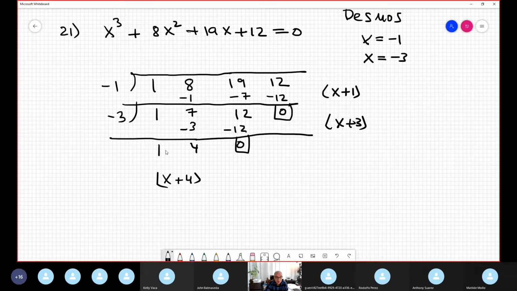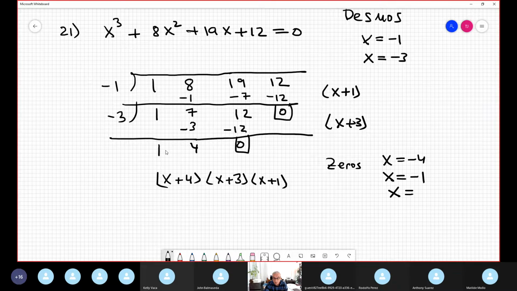And the factorization of this polynomial is x plus 4, x plus 3, doesn't matter the order, x plus 1. And the zeros, es obvio que es -4, -1, and -3. Now let me see option C in the review package.